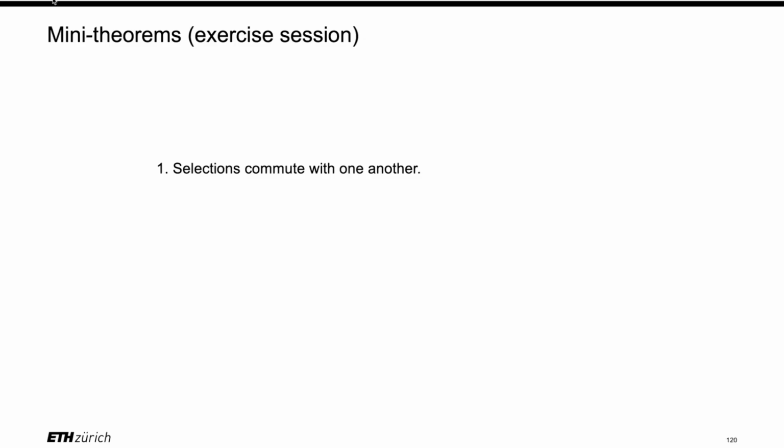This is what's called commutativity of operations. They commute. Then selections commute with projections. What I mean is if you do sigma of pi over a relation, it's the same as pi of sigma over the relation, with just one condition: the projection does not remove any attributes that are used in the predicates. That's the only condition.